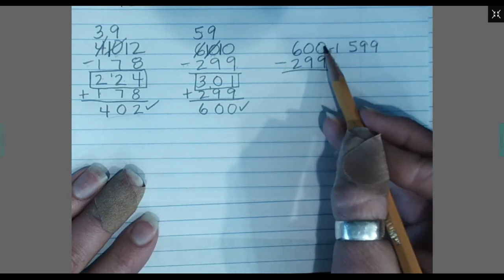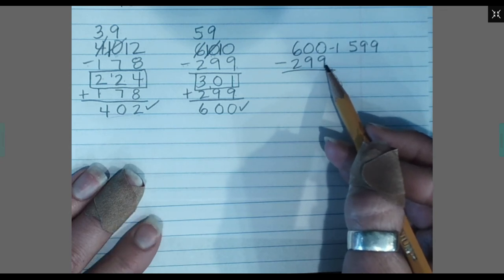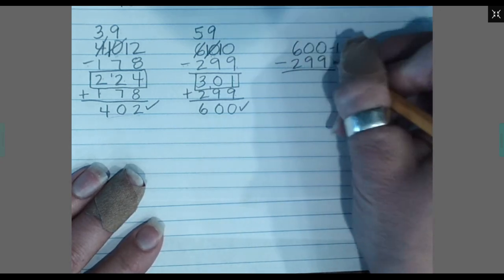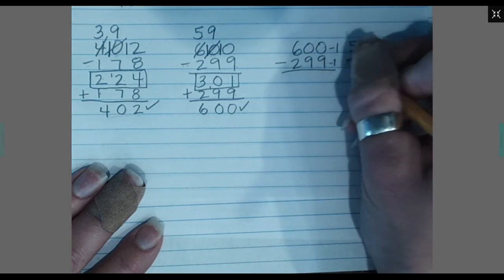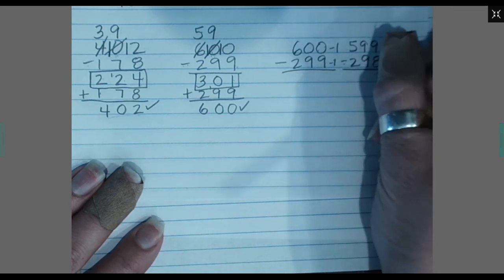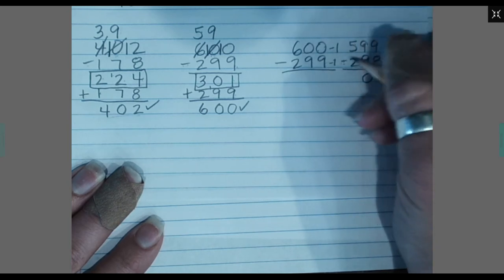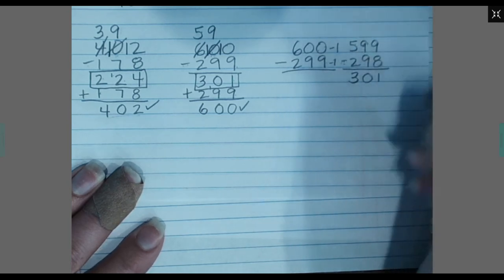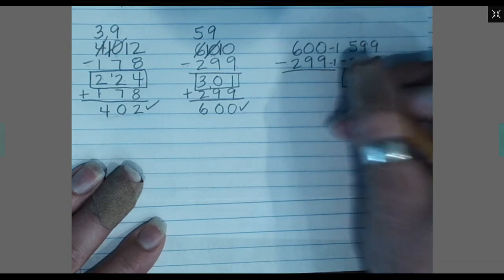If I take 1 away from there and 1 away from here, I'm really not changing the problem. So 299 minus 1 would give me 298. Now I subtract. 9 minus 8 is 1, 9 minus 9 is 0, and 5 minus 2 is 3. Therefore, my difference is 301.